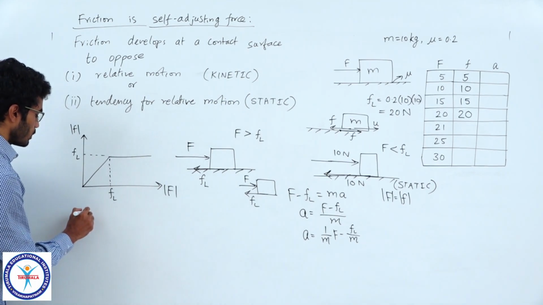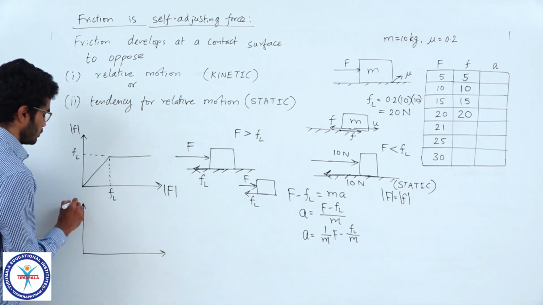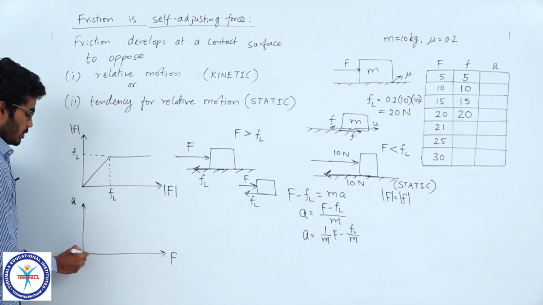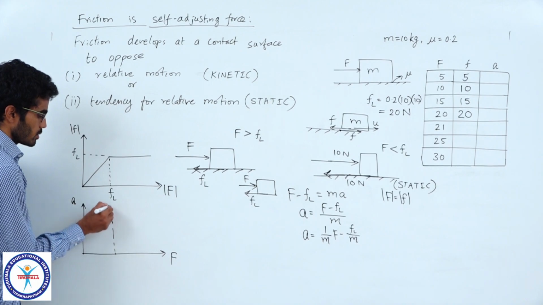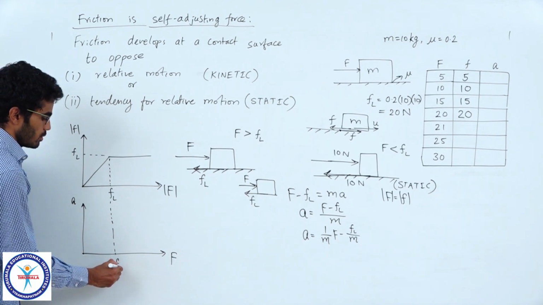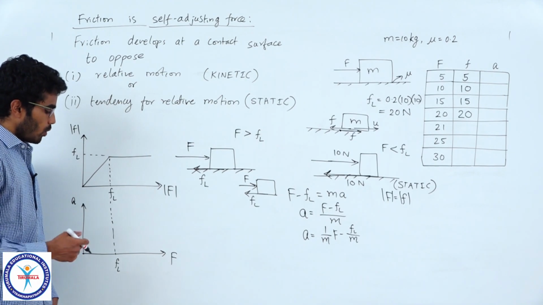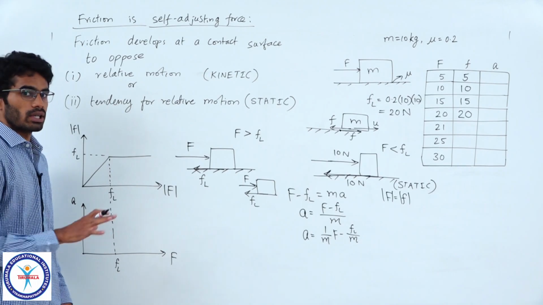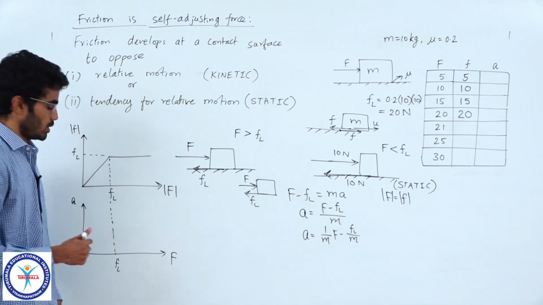Let us draw the acceleration graph. Up to the point where the force is the same value as limiting friction, what is the acceleration of the block? Does it move? It was at rest, so it will remain at rest. There is no net acceleration because the forces are cancelling out.